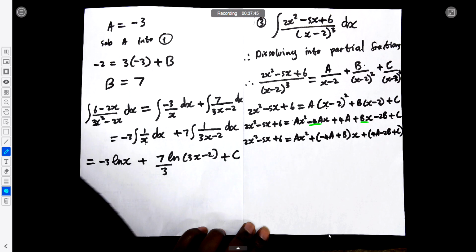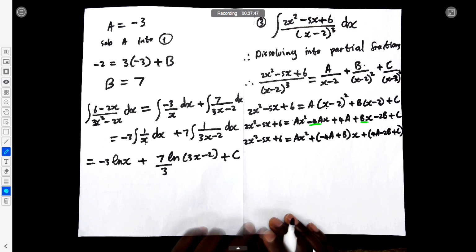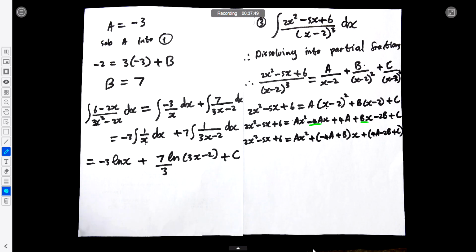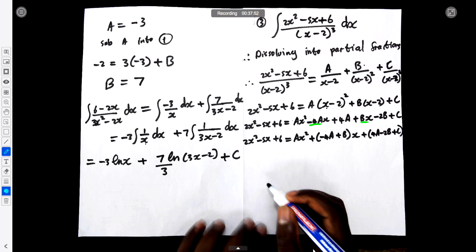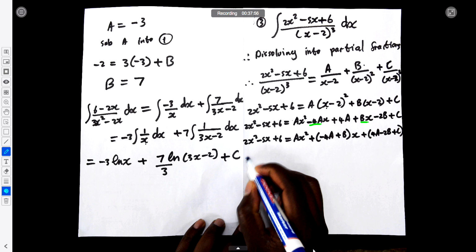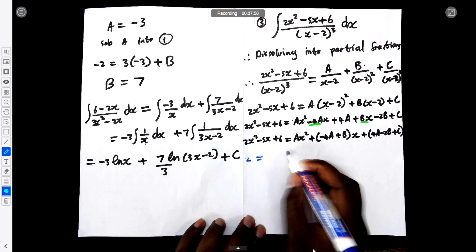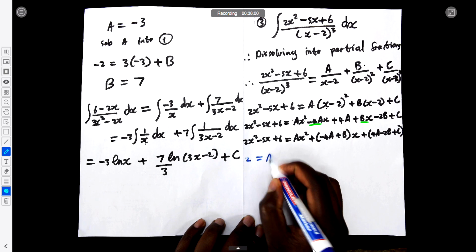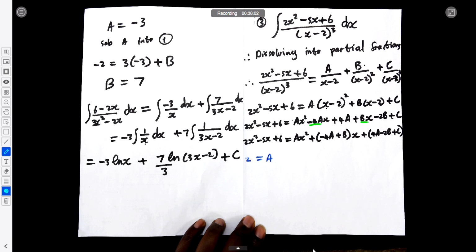Then the last step here is to deduce the equations. We're going to say that the coefficient of x squared in the left hand side, which is 2, will be equal to the coefficient of x squared in the right hand side, which is A. So this is easier: A is equal to 2.